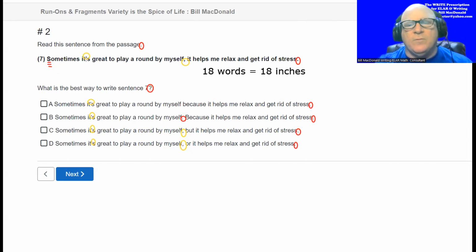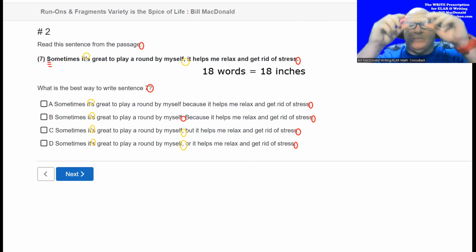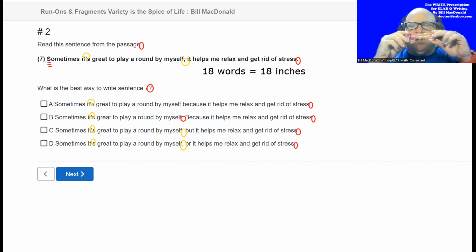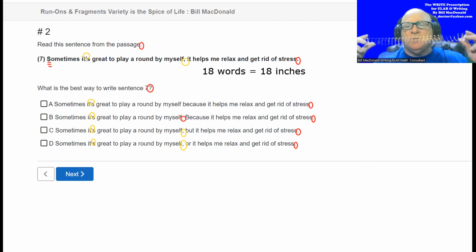All right. So if you look at me on the screen, capital, sometimes it's great to play a round by myself, comma, it helps me relax and get rid of stress. So you would open that to 18 inches because of the 18 words, and then you would close it.